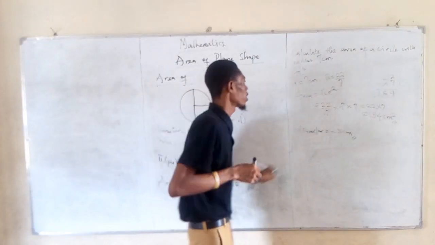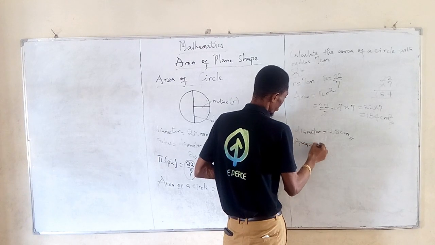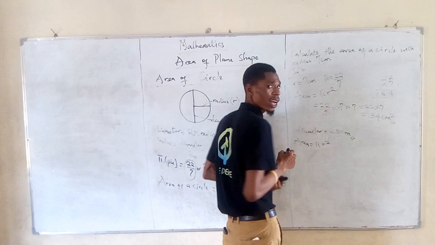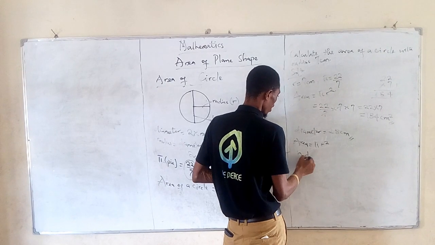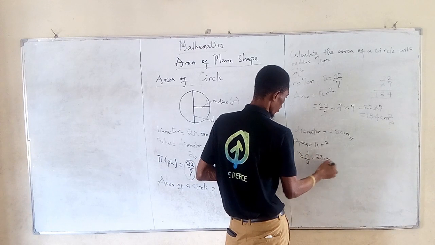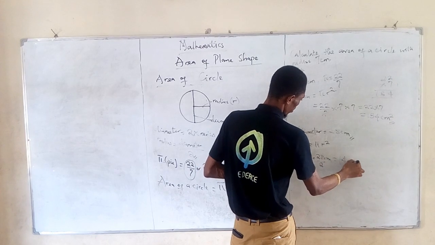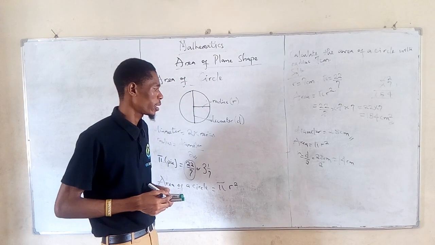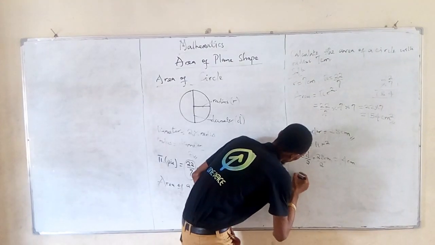For the area of a circle, it's pi r squared. If the diameter is 28 centimeters, we need to calculate the radius. So radius is equal to diameter divided by 2, which is 28 centimeters divided by 2, which is 14 centimeters. So our radius is 14 centimeters.